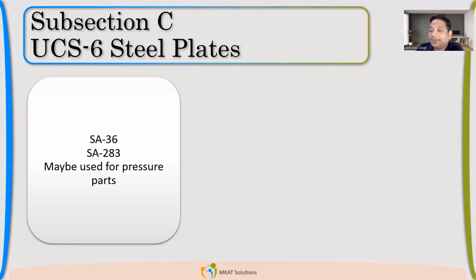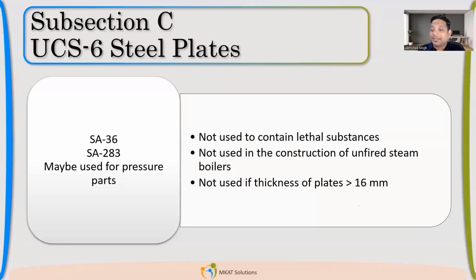Have you used that? I'm talking about pressure vessels, not tanks. In tanks, we always use 36 or 283, storage tanks designed as per API 650. But I'm pretty sure none of you might have used 36 or 283 in pressure vessels. So 36 and 283 also may be used for pressure parts, but there are limitations.